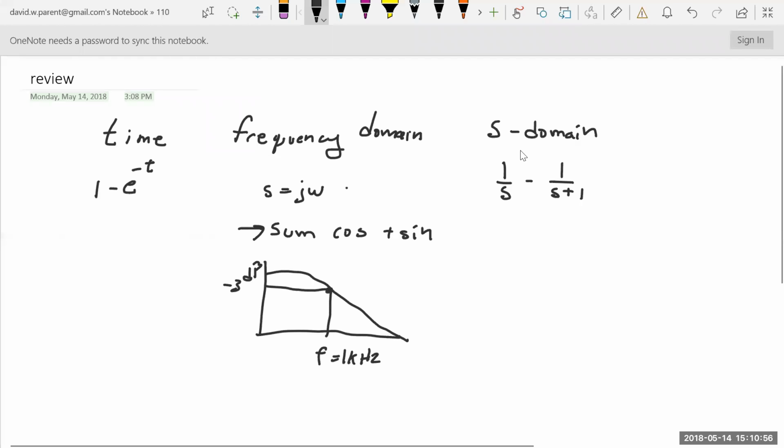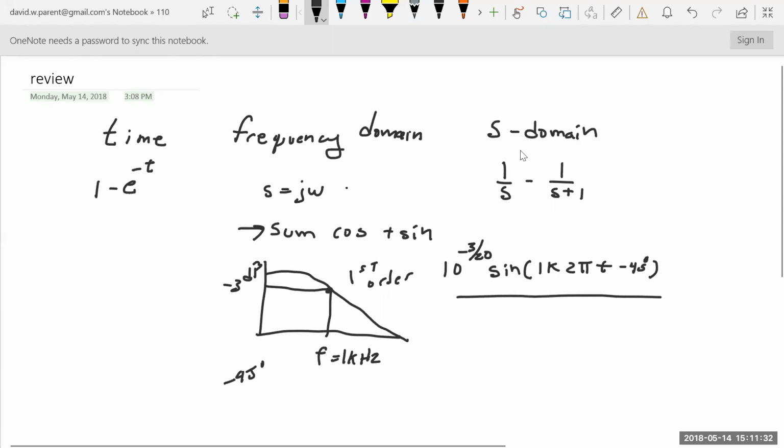And if the input is a 1 kilohertz sine wave, I'm going to get a 1 kilohertz sine wave out, right? The magnitude is how I convert it back to real units, and there'll be a phase. So if this was first order, that minus 3 dB point would happen at a minus 45-degree phase, and so this would be the time domain equation, right?